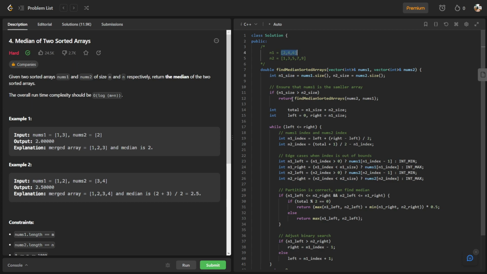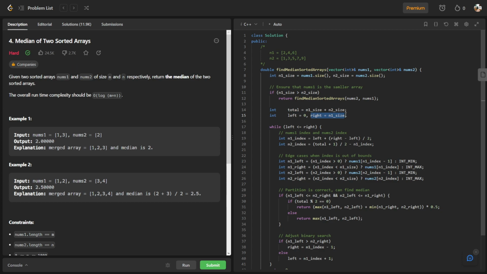That's why I have a recursion that puts nums2 in nums1 if nums1 is bigger than nums2 in size. Other than that, I have a total, which computes the total size of both arrays, and then I have a left pointer and a right pointer.